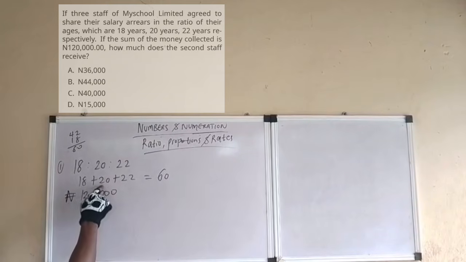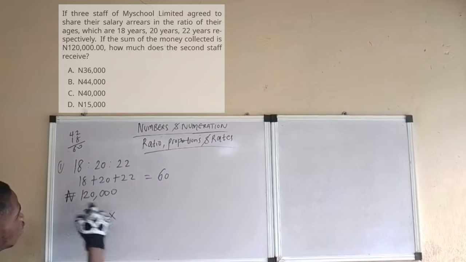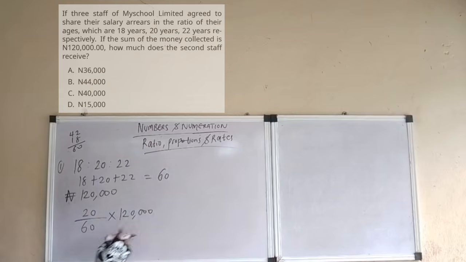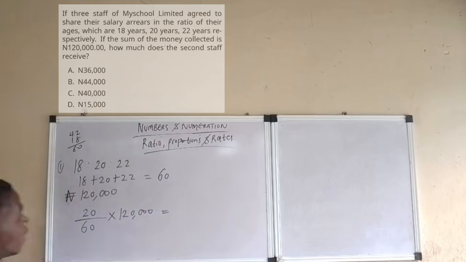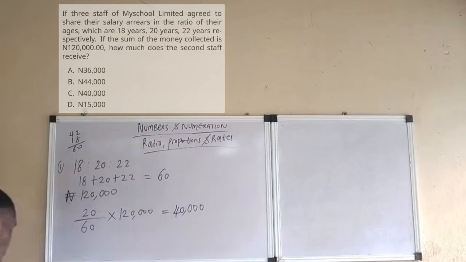So to get what he will receive out of this 120,000, you divide the person's age by the total, and you multiply by the sum that they are sharing. Do you understand? That's how you get how much you will receive from the sum. All right. So if you do this and you simplify, you're going to be having 40,000 naira. All right. So the correct answer to this question is option C.